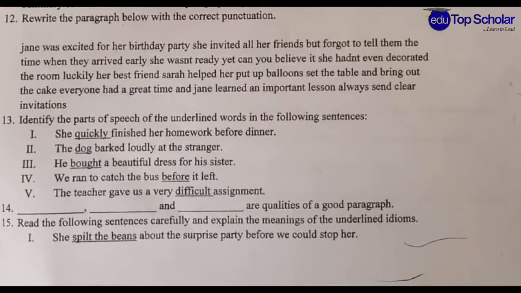Number 4, we ran to catch the bus before it left. Before is underlined, and before is also an adverb. Adverb of time. Now, number 5, the teacher gave us a very difficult assignment. Difficult is an adjective qualifying assignment. What type of assignment? Difficult assignment. That is an adjective.